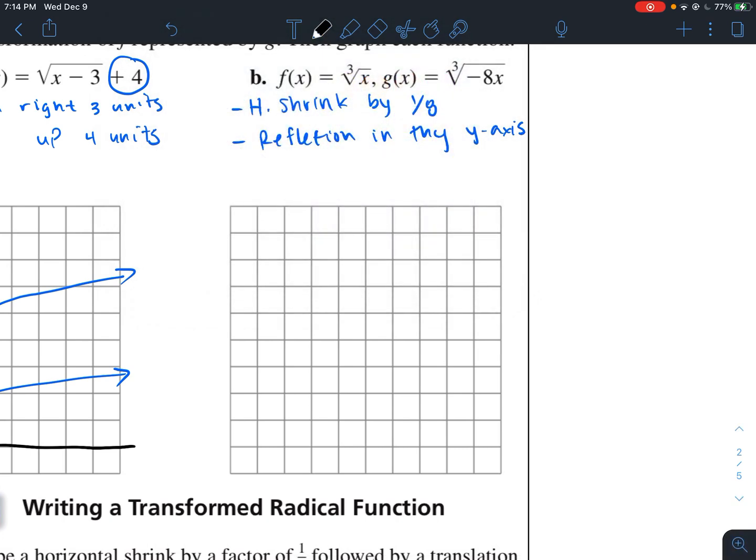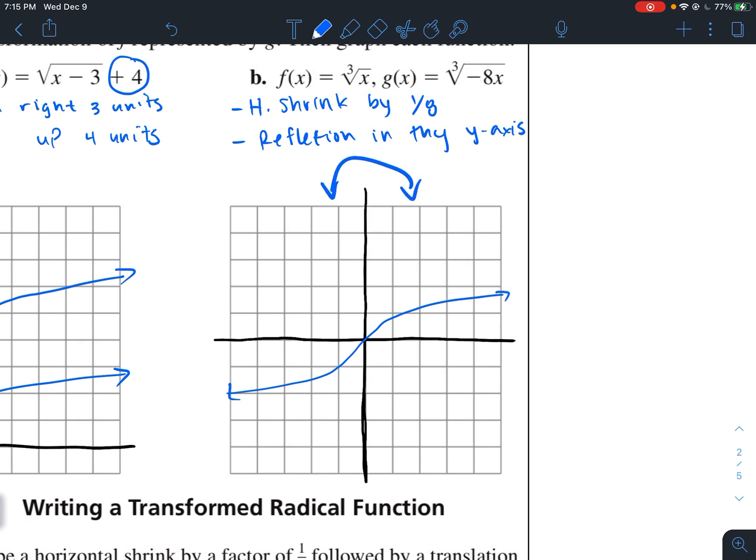Okay, so it's a cube root function, so I'm just going to draw my y-axis here, my x-axis right here. I know that the parent function, as we talked about before, looks something like this. Now the transformation is going to be a reflection over the y-axis.